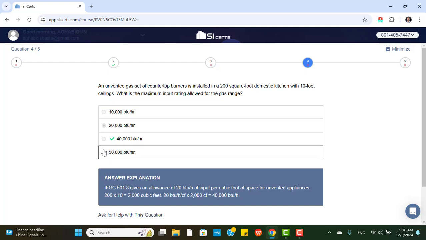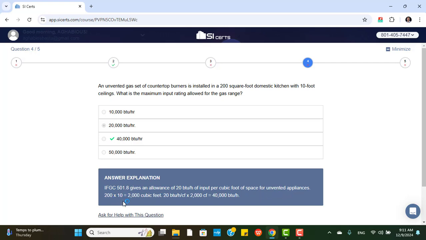The correct answer is 40,000. An unvented gas set of countertop burners is installed in a 200 square foot domestic kitchen with a 10-foot ceiling. What is the maximum input rating allowed for the gas range? As we see here, International Fuel Gas Code 501.8 gives an allowance of 20 BTU per hour per cubic foot for the space of unvented appliances.